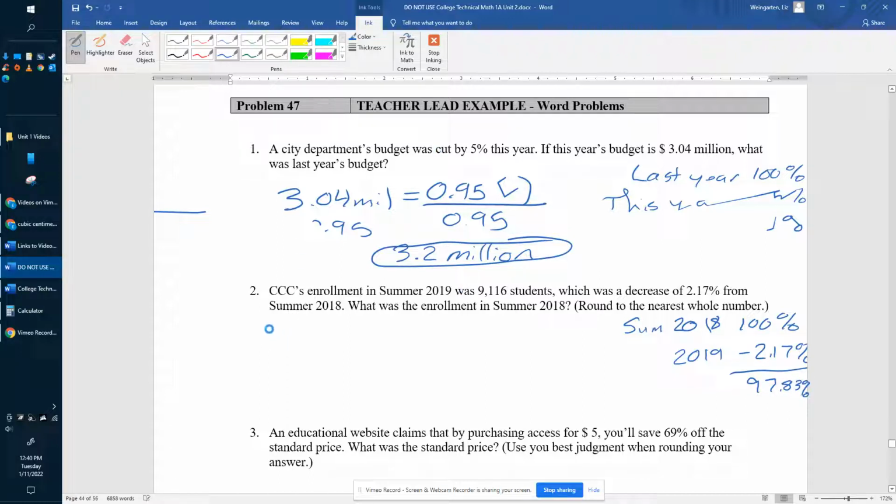So our most current is 9,116 equals 0.9783, because we have to turn that percent into a decimal, times x. Divide both sides by that decimal.